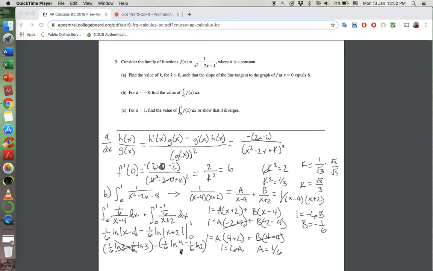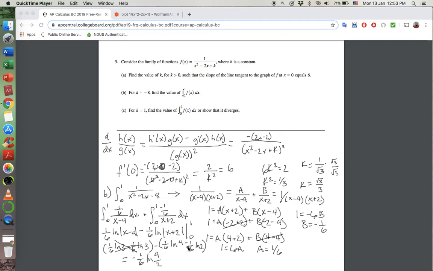And so if you remember back to your algebra rules, we've got natural log, these two share the same base, and so we've got 1/6, the same coefficient here. We're just going to simplify this saying this is equal to, remember we have our negative sign here, negative 1/6 natural log of 4 divided by 2.